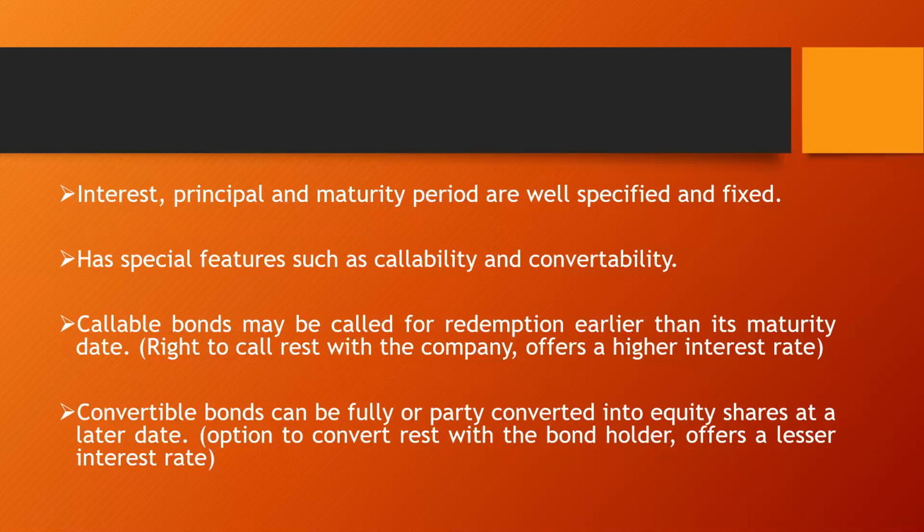So we do not have to wait till the maturity date to get back the principal amount. It will be redeemed at an earlier date. For example, a bond is being issued for 10 years, but at the end of 5 years, the company has got an option to call that bond. That is, the company has got an option to pay back the investors and settle their accounts. So that is known as callable bonds.